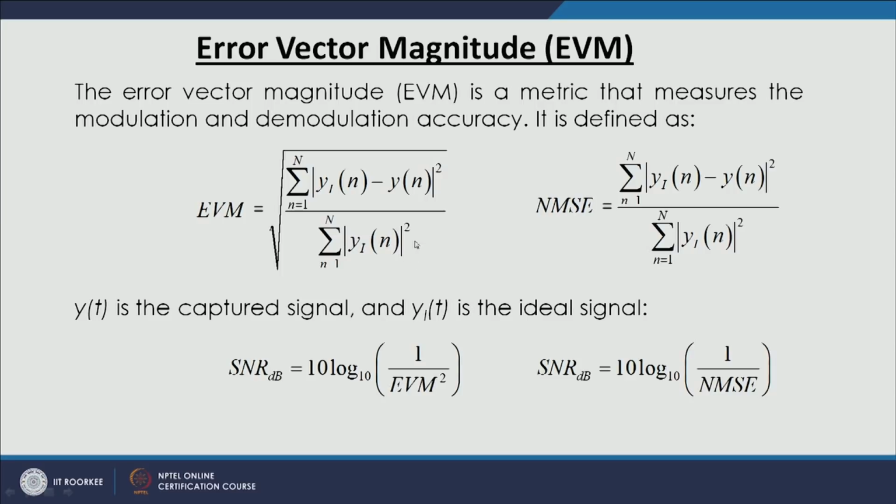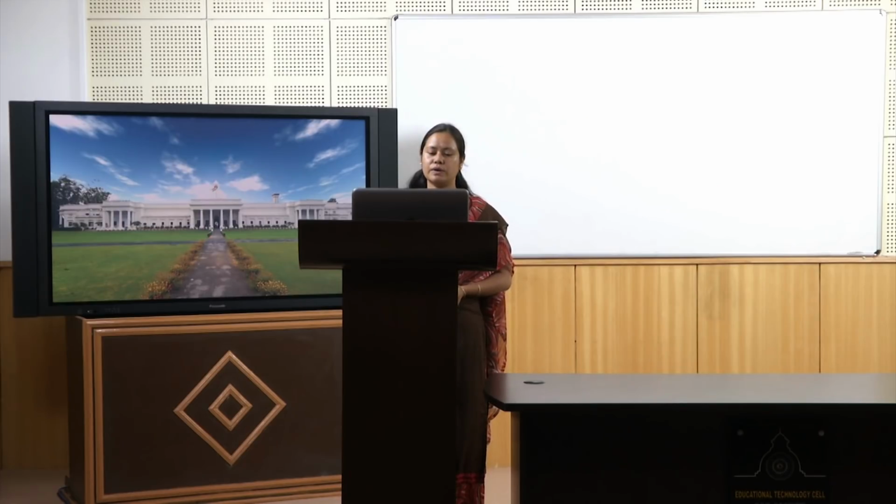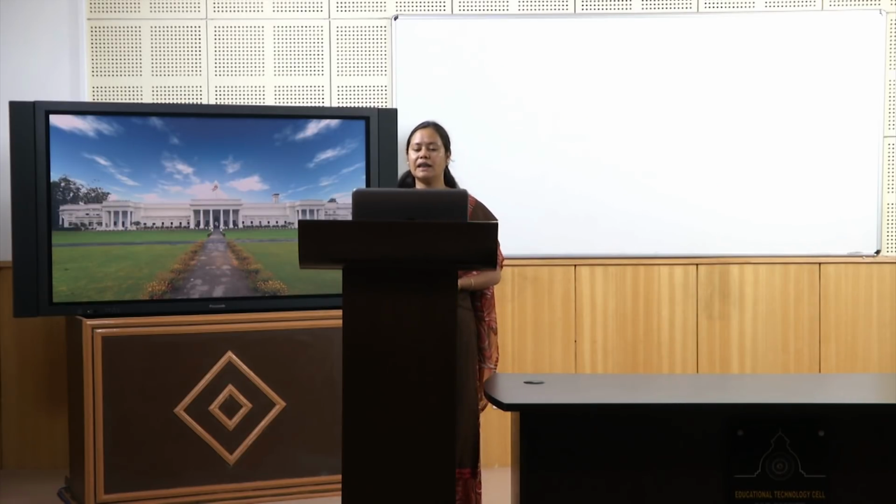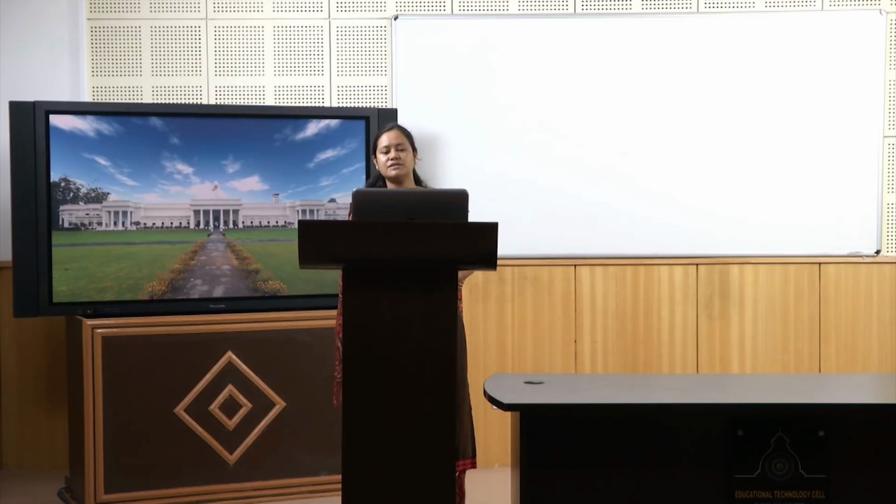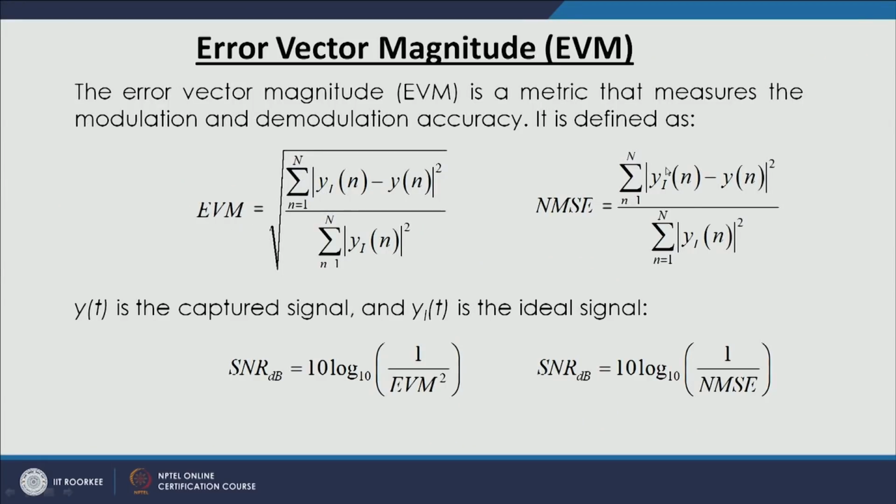So, we sum all the data which we actually transmitted, and we sum the squares of all the errors, and this is also denoted as EVM in some of the literature. Now, there is a term NMSE, the full form is normalized mean square error. It is simply the square of the EVM.